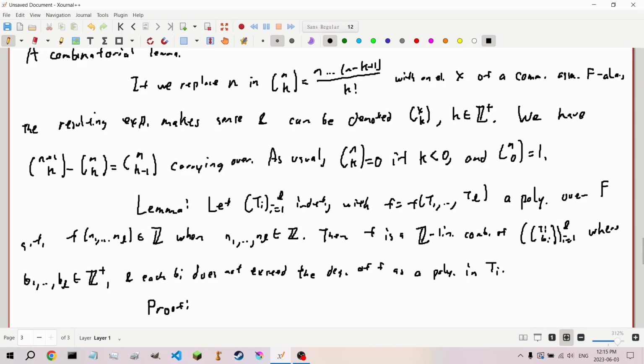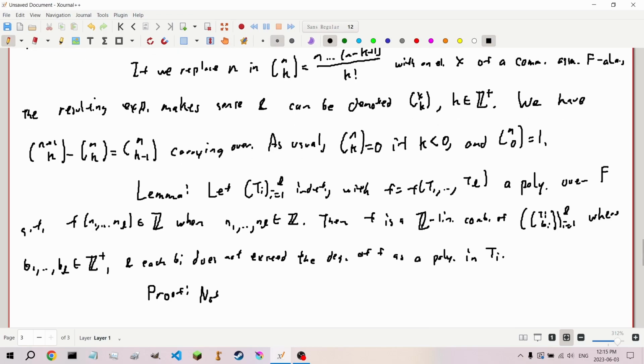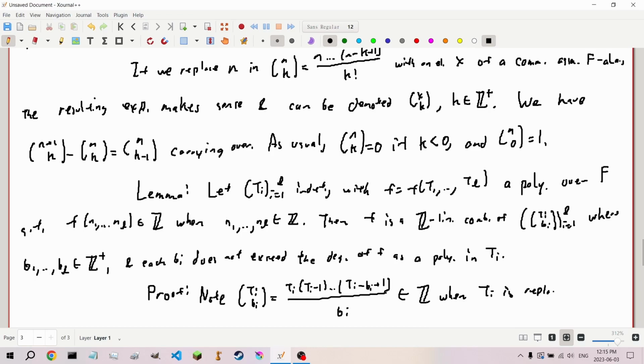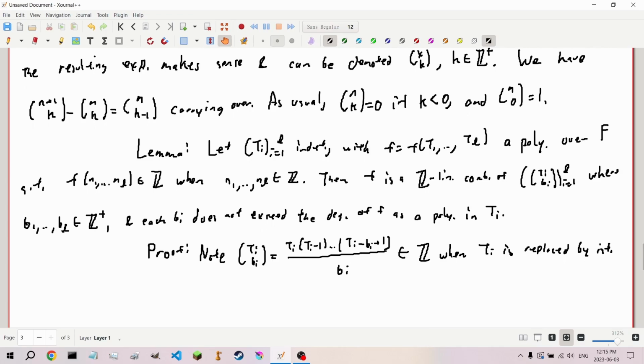Our proof. First, we note that t_i choose b_i, which is t_i times t_i minus 1 through t_i minus b_i plus 1 over b_i factorial, is an integer when t_i is replaced by an integer. Kind of abusive notation there, but don't worry about that.